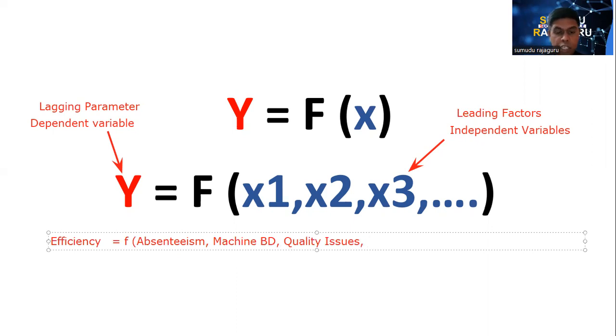I just typed a few things. What are the others? Input delay. Likewise, there are a lot of independent variables.